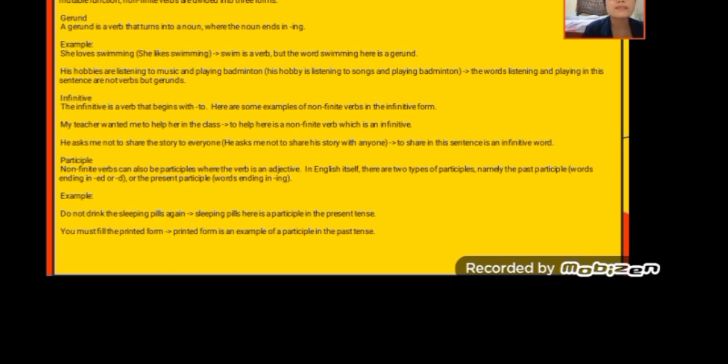The second, infinitive. The infinitive is a verb that begins with to. Here are some examples of non-finite verbs in the infinitive form. For example, my teacher wants me to help her in the class.